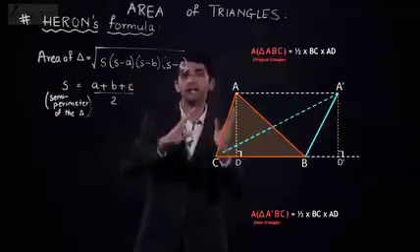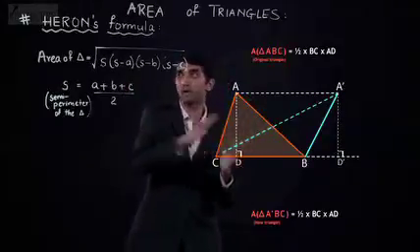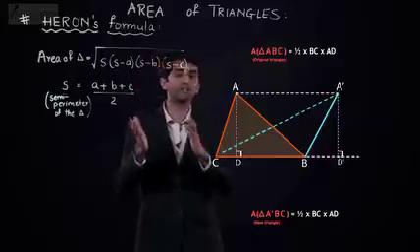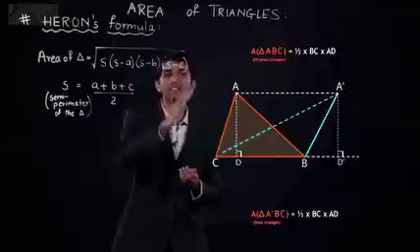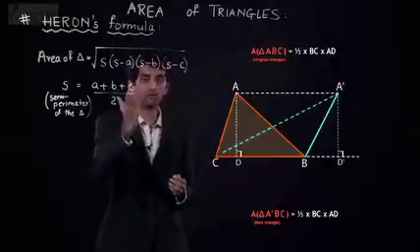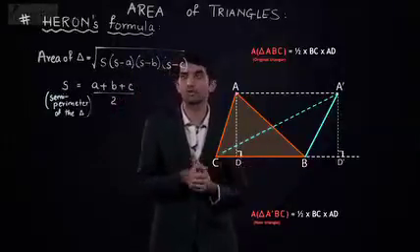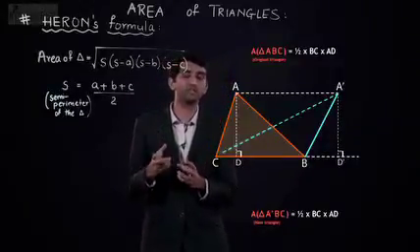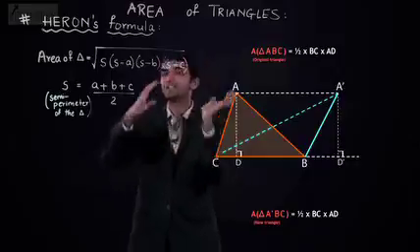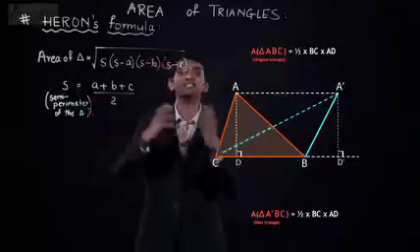Now when you try and find the area of the new triangle in terms of this, we obviously now know that the area of the triangle is going to be the same, but a, b and c are going to change. Rather, one of them is going to remain the same, the base is going to remain the same, but the other two sides are going to change in such a way that the new area is still the same.